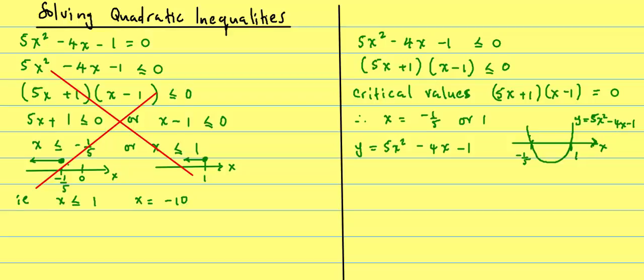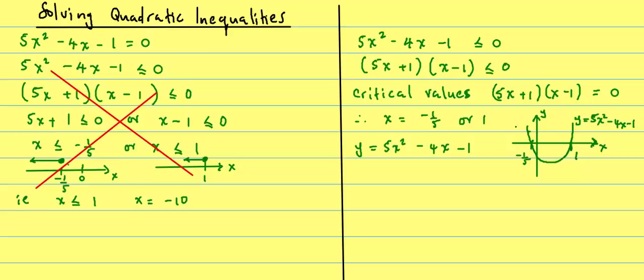So at this point the y value is going to be above the x-axis. If we draw a random y-axis, let's say it's going to be somewhere there. As we explore, the y values are positive there. At this point y is equal to 0, and below the x-axis y is going to be negative.